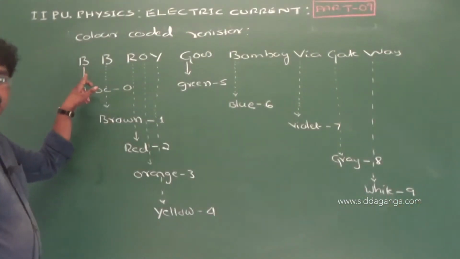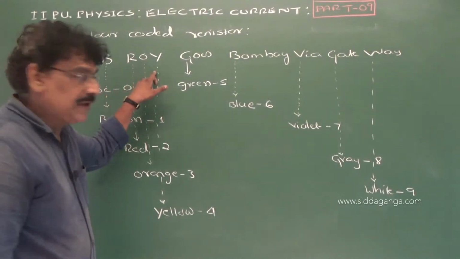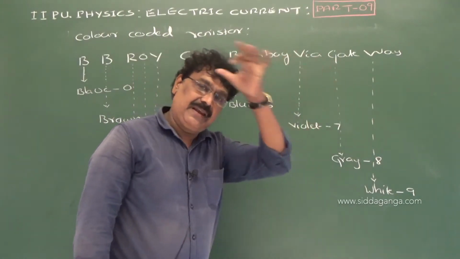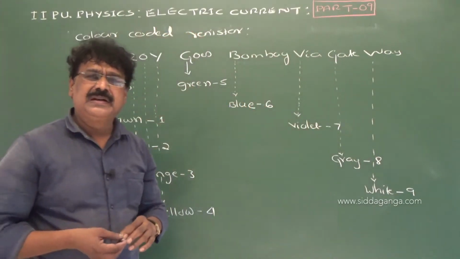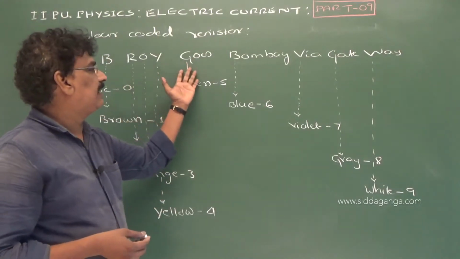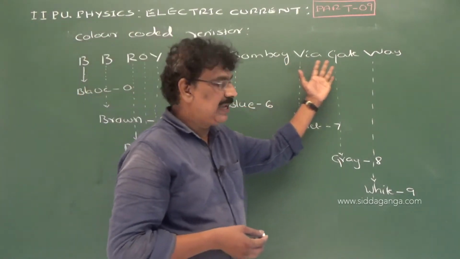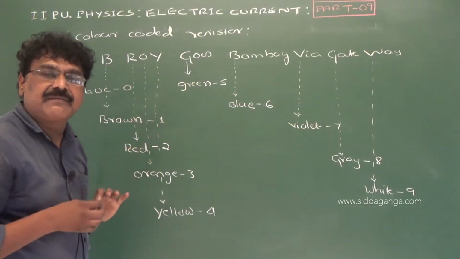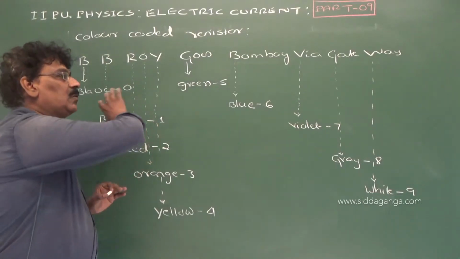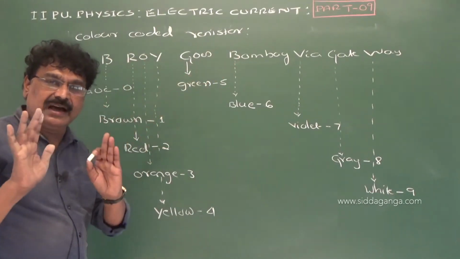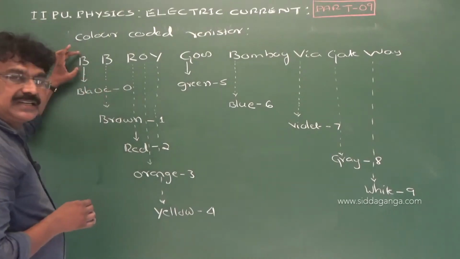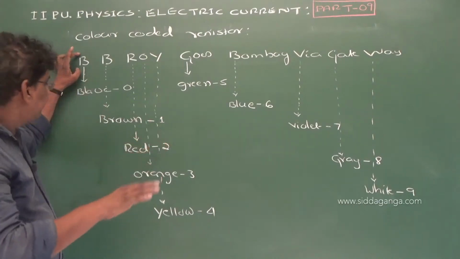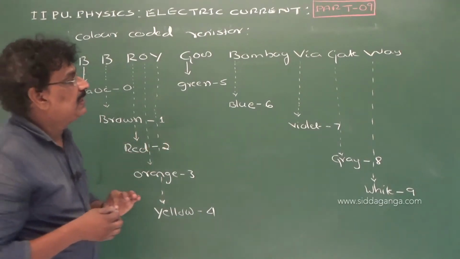That means B. Roy goes Bombay via Gateway. The other mnemonics are also there: B. Roy of Great Britain has a very good wife. I think this is easier for remembering. The first letter represents the darkest color, black, with digit 0.